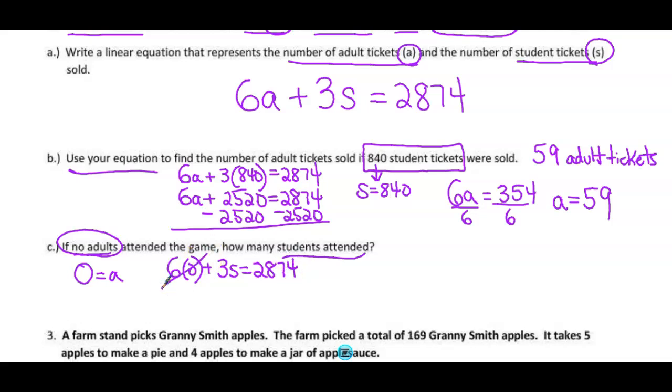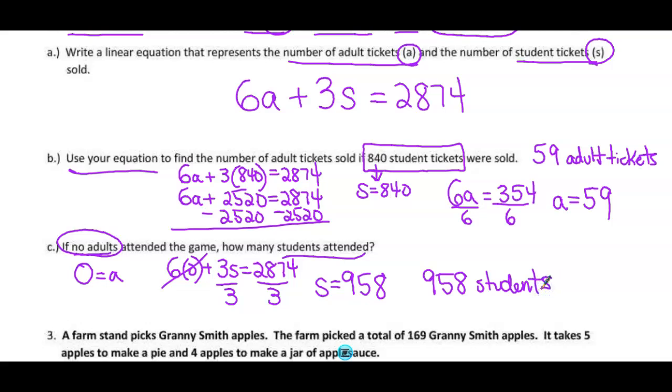And this is really 0. So we're going to divide both sides by 3. And we get S equals 958. So 958 students.